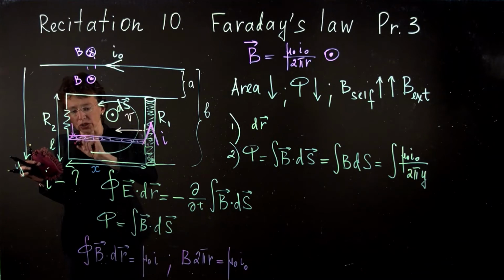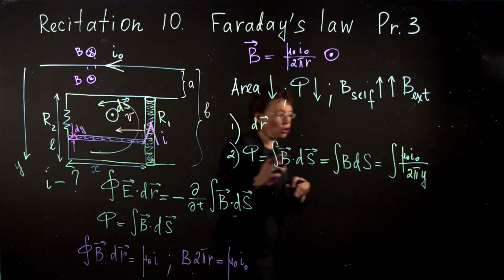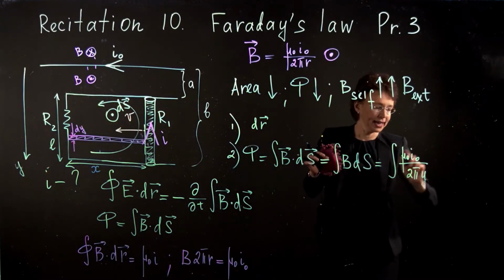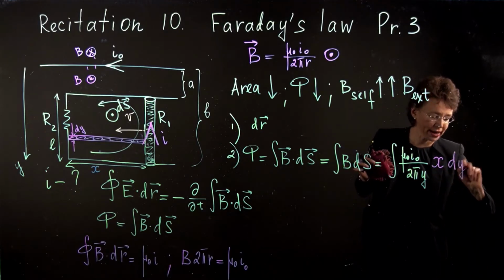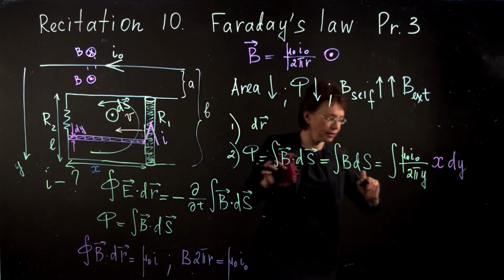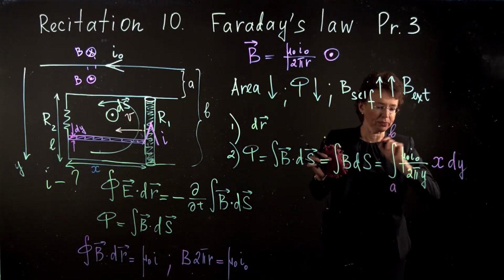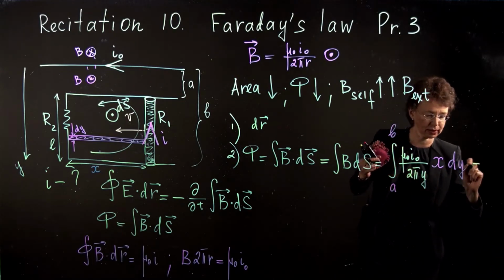This dimension will be dy, because the magnetic field changes in this direction. So my dS is x times dy. And the limits of integration will be from a to b.